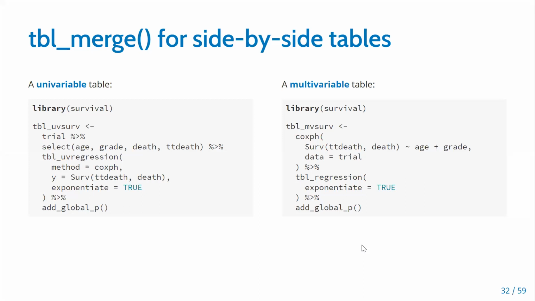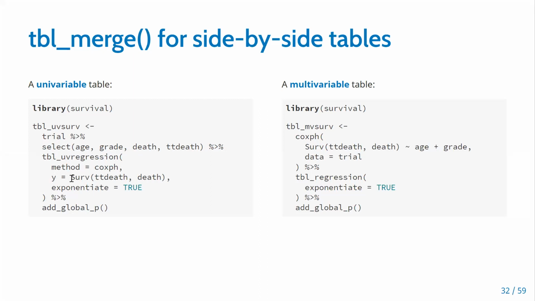So we're going to go over a somewhat straightforward example where on the left here we have a univariable table of regression models. So you can see here that we're using the trial data set once again. We are selecting age and grade and this outcome, death and time to death, because it's a time to event outcome. So because it's time to event, we are using Cox-PH, the Cox proportional hazards regression model.